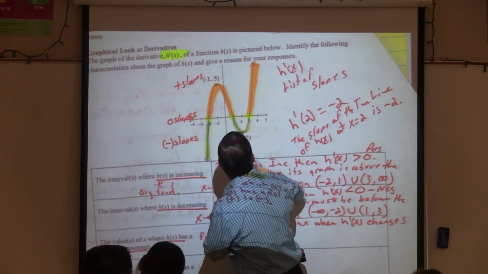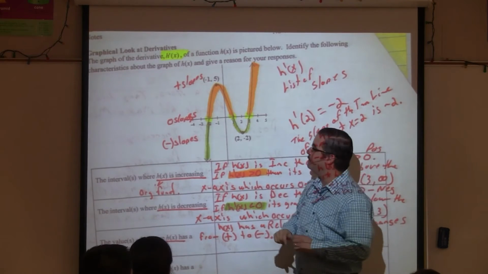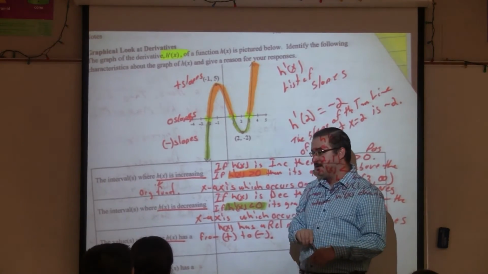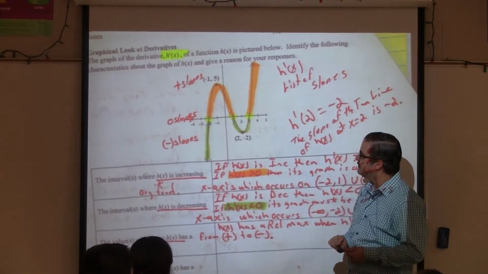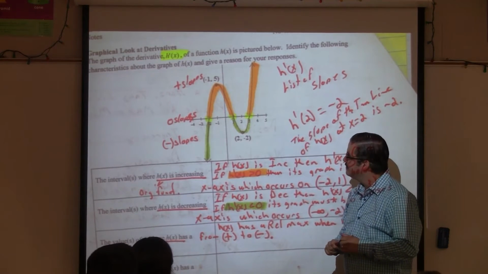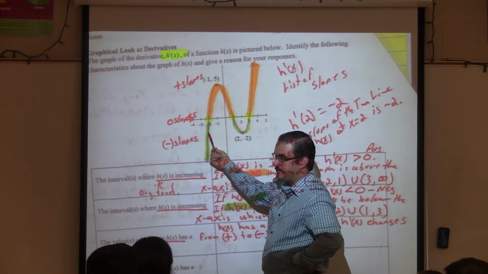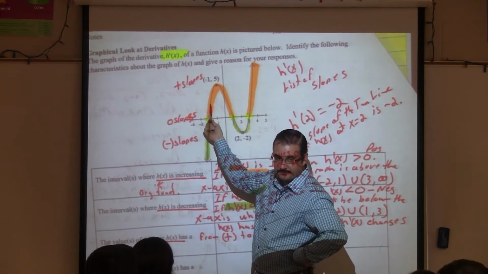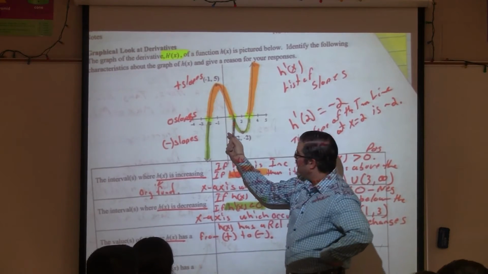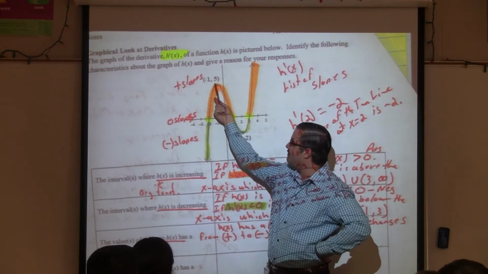Again, looking at only the derivative graph, because we're trying to go from some positive number to some negative. So where does it change from being above the x-axis to being below? At negative 2? No, it changes from below to above there. At negative 1? Nope, at negative 1 it's only above the x-axis.